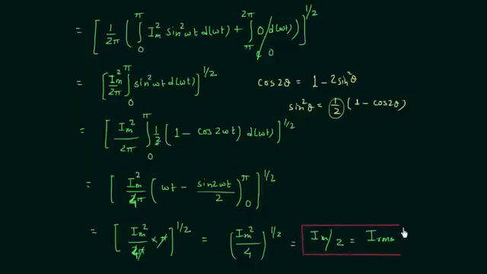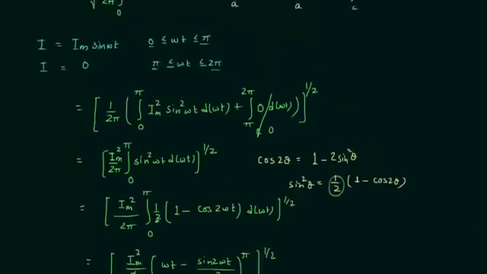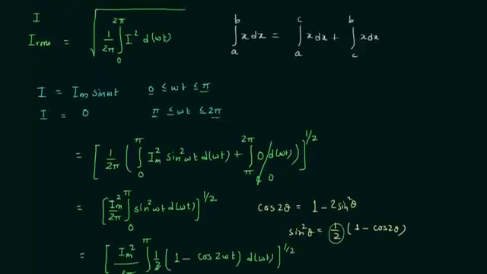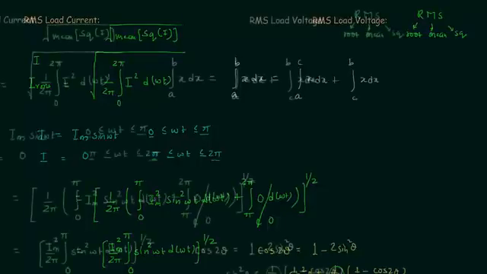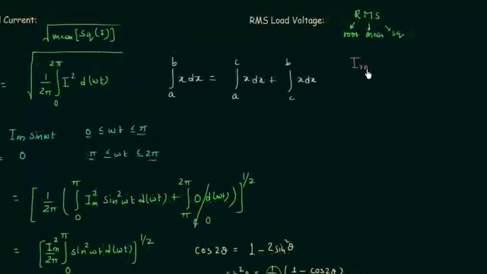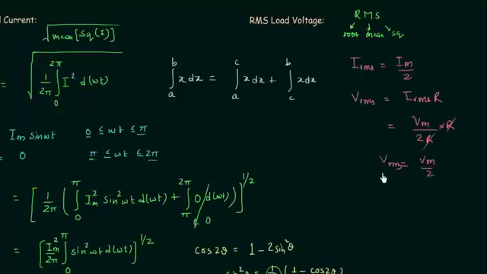After this, I will find out the expression for RMS value of load voltage. You can easily calculate the RMS value of load voltage by performing the integration, but I will not perform the integration because we have already calculated the RMS value of load current, and it is equal to Im by 2, and we know that Vrms is equal to Irms multiplied by the load resistance, and Irms is equal to Vm divided by twice of R, multiplied by R. This R and this R will cancel out, and we have Vm by 2 as the value of Vrms.